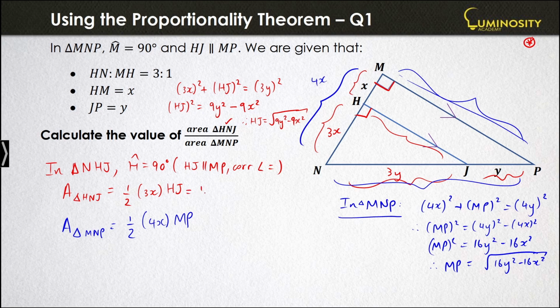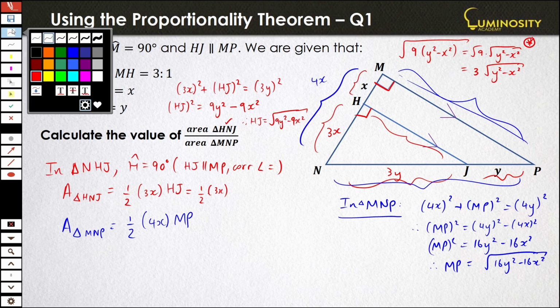It's going to be a half times 3x times the square root. So I'm going to simplify these. I can take out a common factor of 9, and I'm left with y squared minus x squared. Taking the square root of that is the square root of 9 times the square root of y squared minus x squared. I'm using my algebraic toolkit here in terms of surds. The square root of 9 is 3, and you have y squared minus x squared, all square rooted.